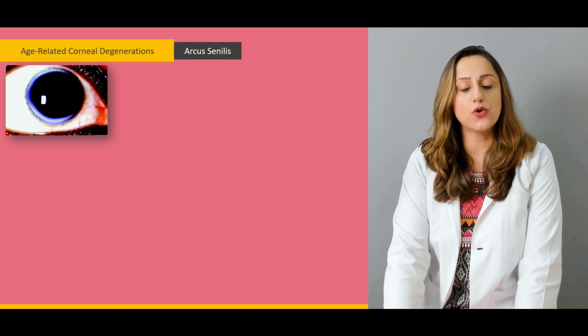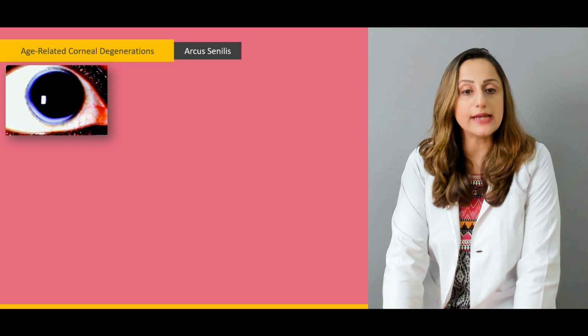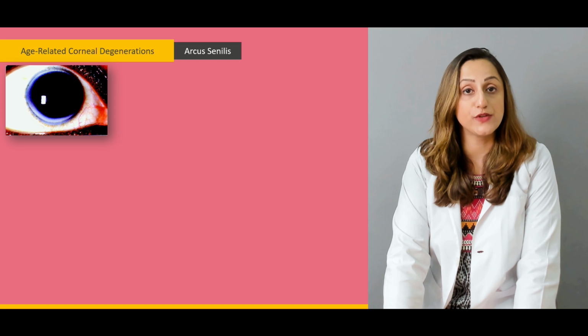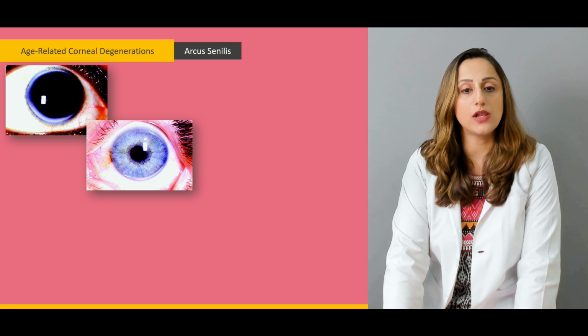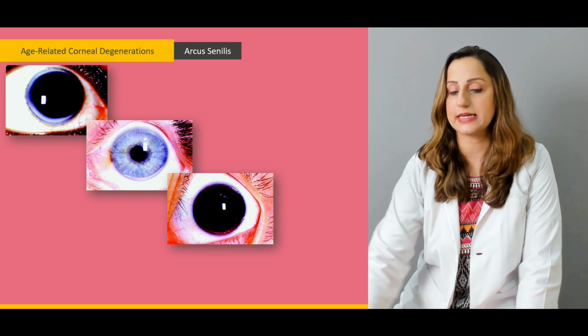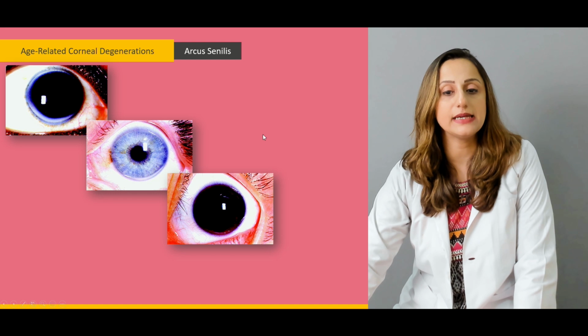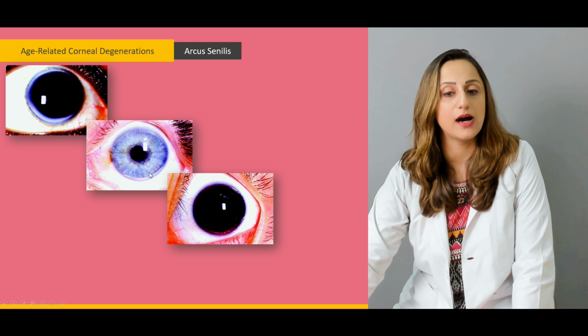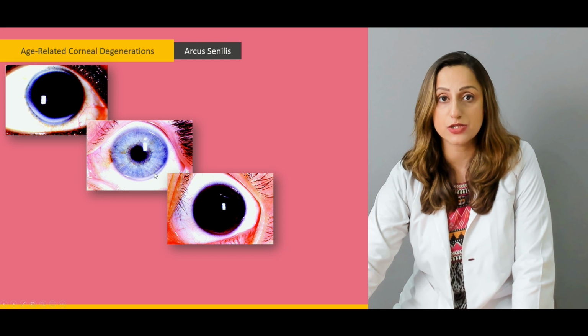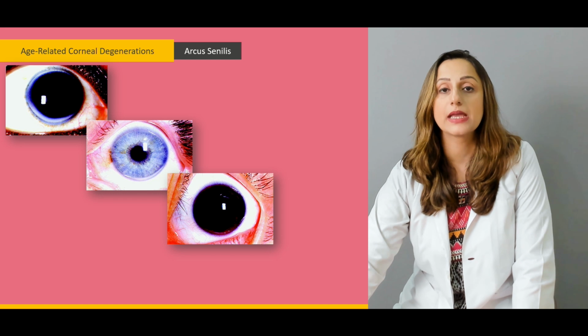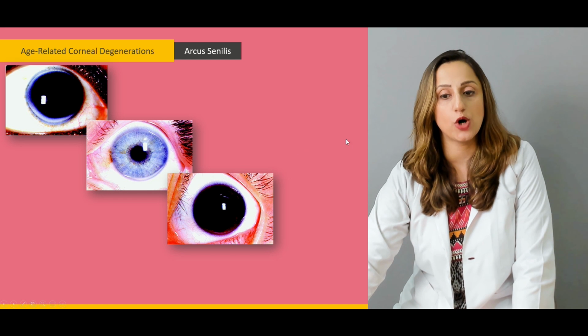So in the age-related corneal degenerations, we know that we basically have a lucid interval of Vogt in these patients. As you can observe in all of these patients, we have these techniques of examining them. This is basically regarded as the lucid interval of Vogt. So this patient would have a ring-like structure at the limbus, and then a furrow or depression would be observed, which is regarded as the lucid interval of Vogt.